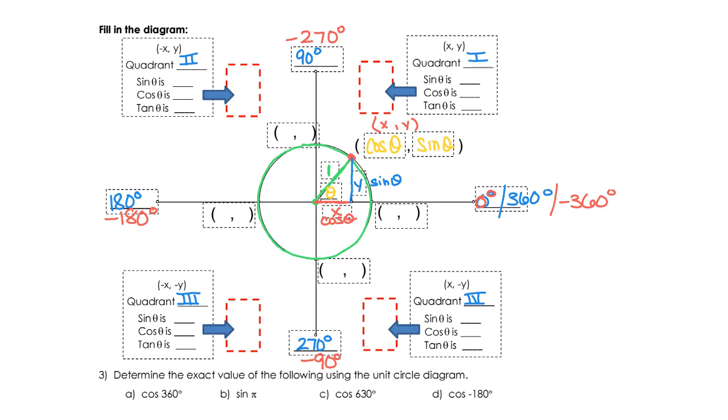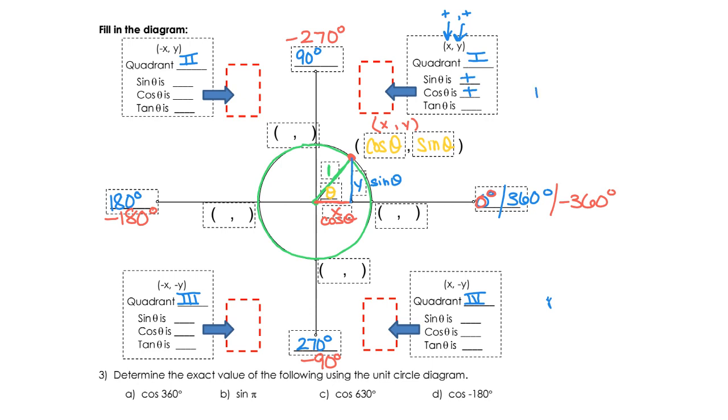All right, so we're also going to talk about coordinates of a point up in quadrant 1. We have to realize that our coordinates in quadrant 1 are always positive and positive: positive for x and positive for y. So remember that cosine is our first coordinate, which is going to be positive, and that sine is our y coordinate, which is also positive.